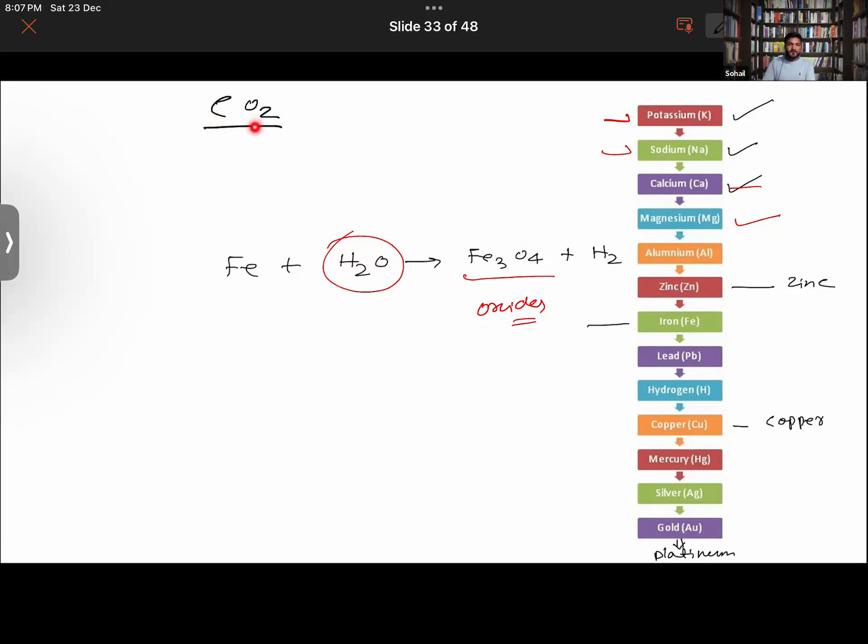Now, in a compound you will be having two different elements. सिर्फ कार्बन अगर है, then only carbon is not called a compound, right? अगर दो ऑक्सीजन एटम्स है, thereby it forms O2, still it is not called a compound because ये identical atoms है, right? Now, if I were to have carbon dioxide, carbon also here, now it becomes a compound.